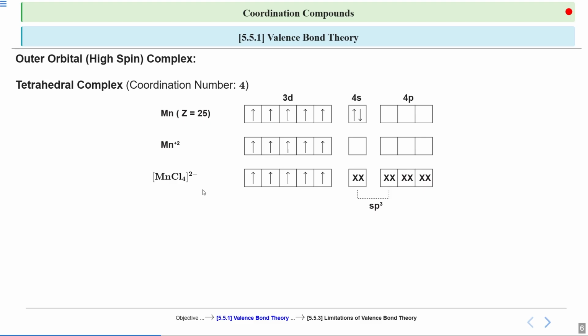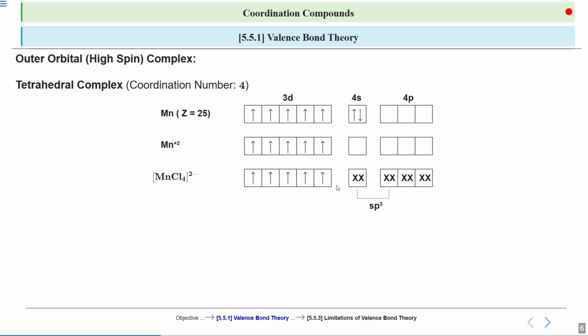Now chloride ion is a weak field ligand. Because it is a weak field ligand, it does not cause any pairing of unpaired electrons. So the 5 electrons in the 3d remain as they are in the unpaired state.